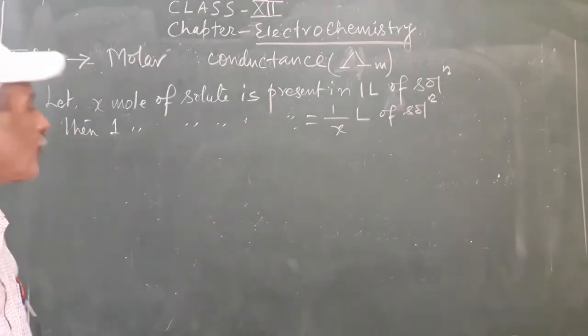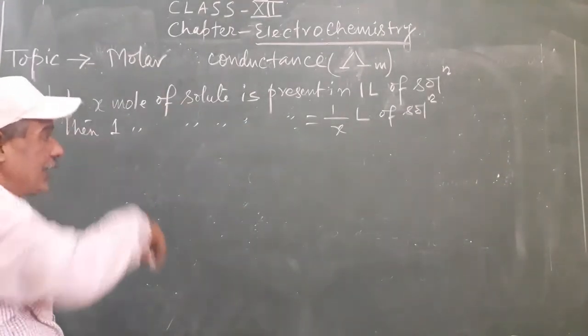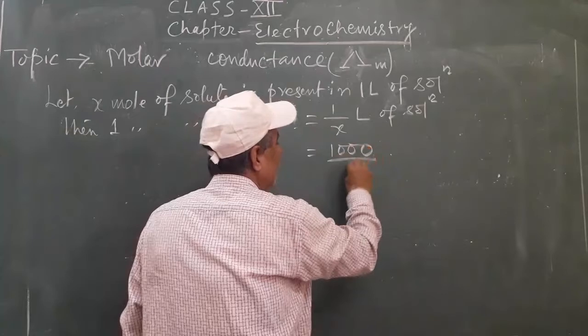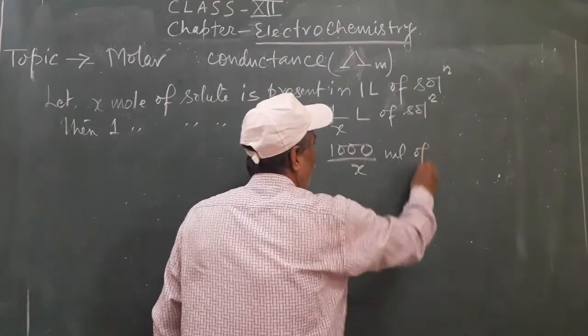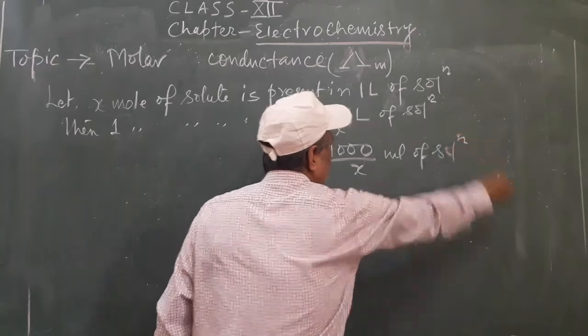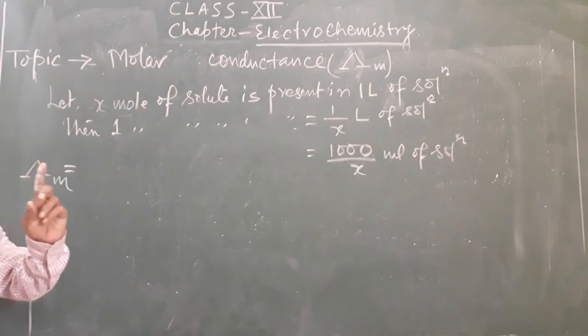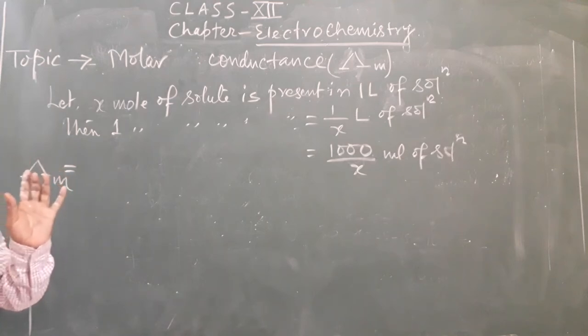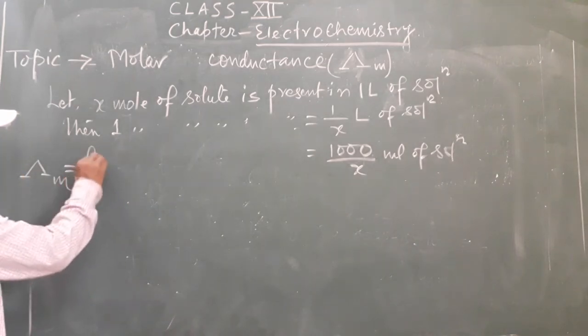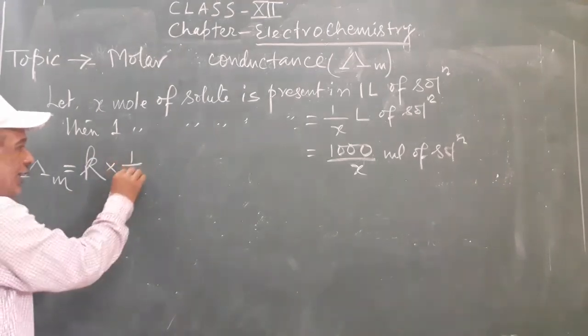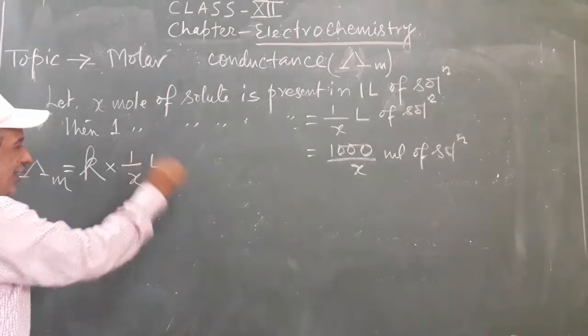So let us see how we can, this liter, or even you will call it this milliliter of solution. So mathematically you can represent as lambda m is equal to, now if we have 1 ml of solution, conductance given is a specific conductance. This multiplied by total volume, means 1 upon x liter.